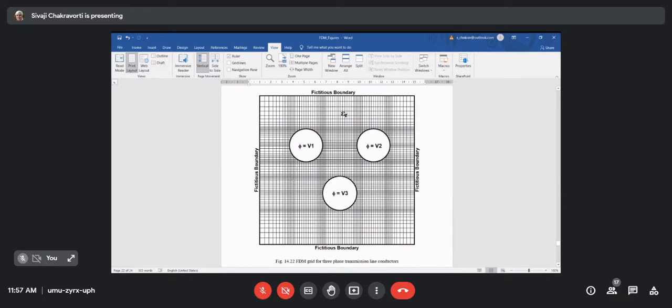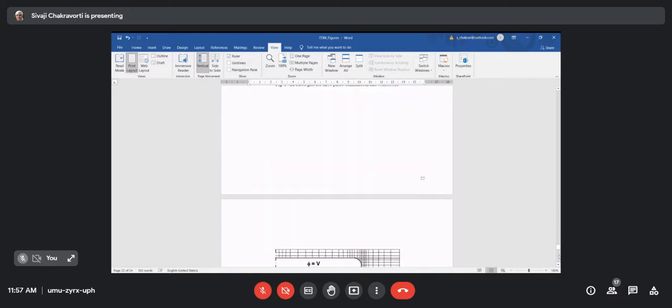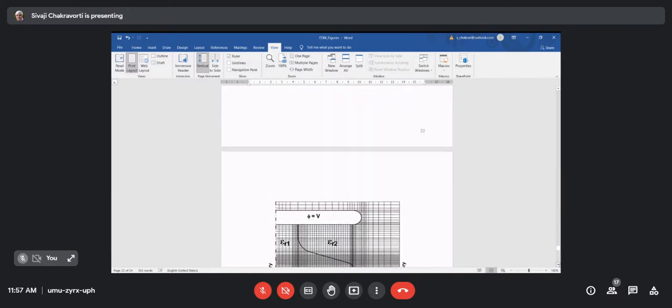This is because of an assumption about the field distribution, that the field varies sharply near the boundaries and relatively not so sharply away from the boundaries. Now, this is quite a valid assumption because it is the experience over the years. I will show you another diagram so it will be clear.